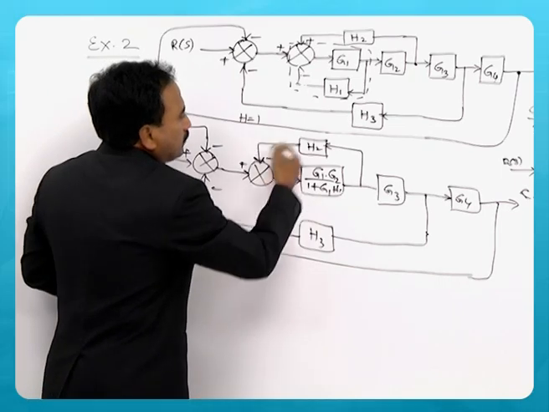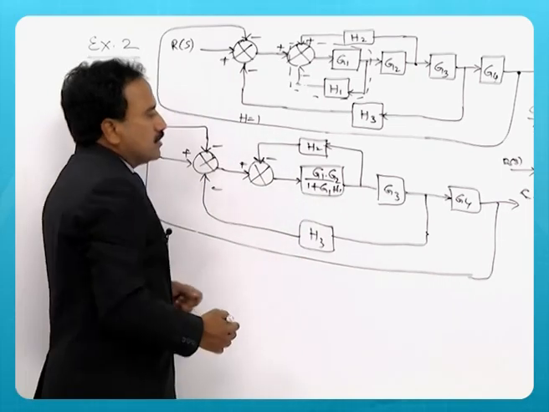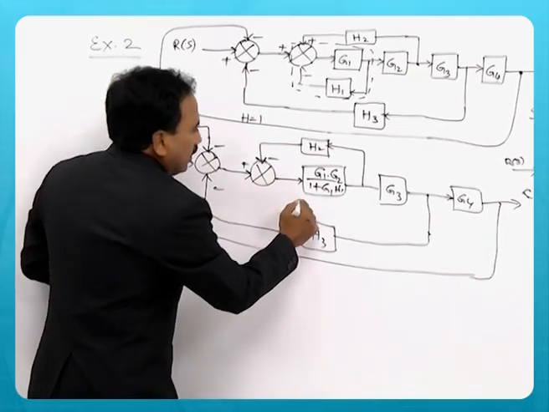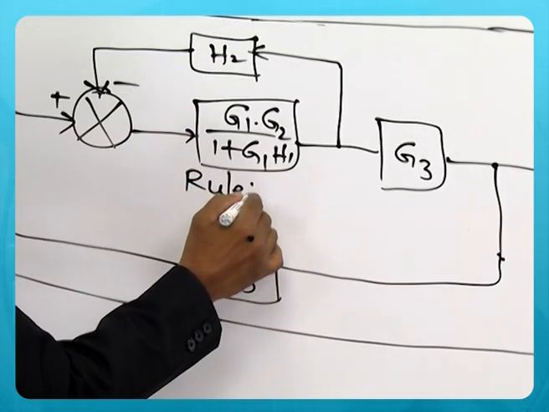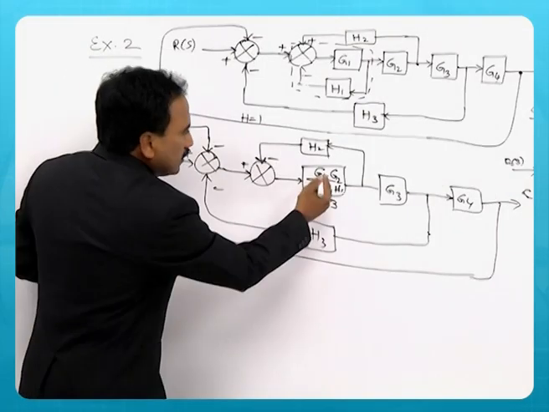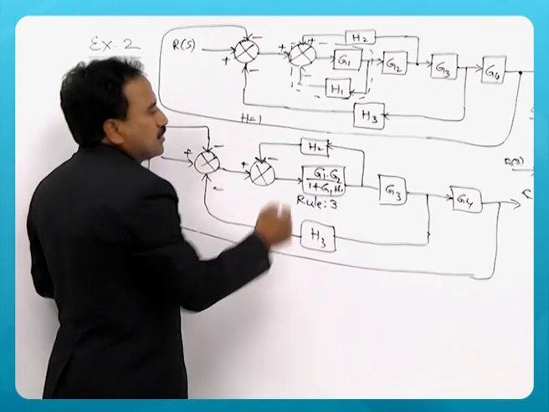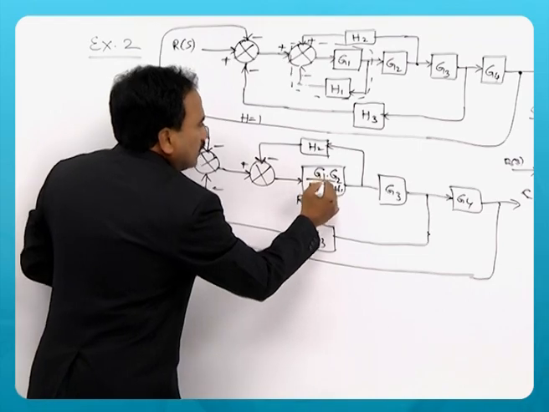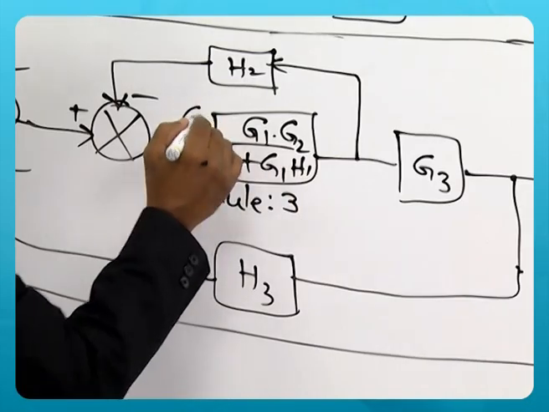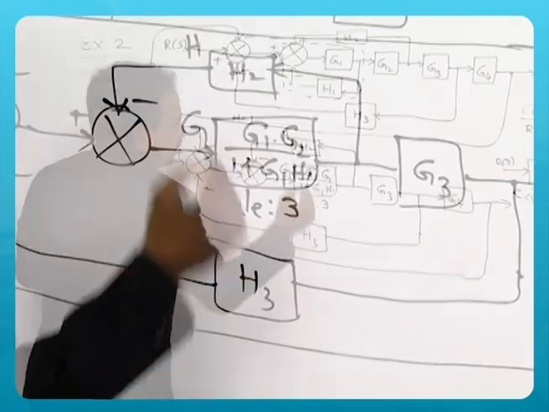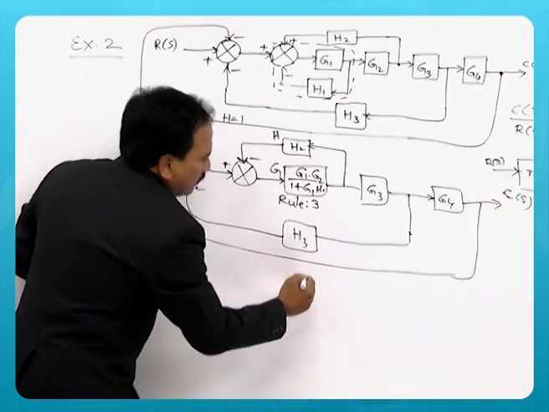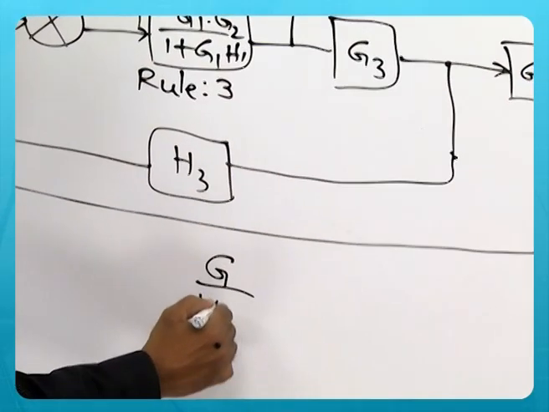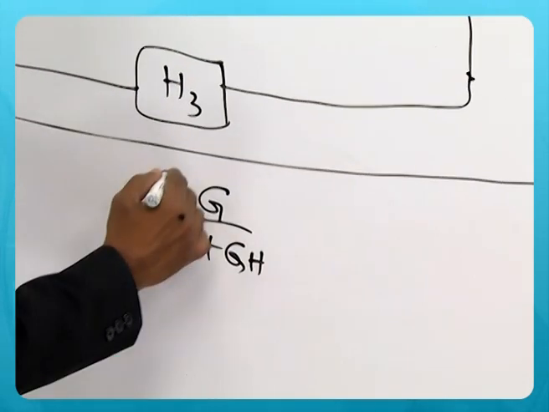So elimination of this particular feedback loop is rule 3, and it is G by 1 plus GH formula. You call this block as G and this one as H. So this elimination of the feedback loop is G by 1 plus GH.